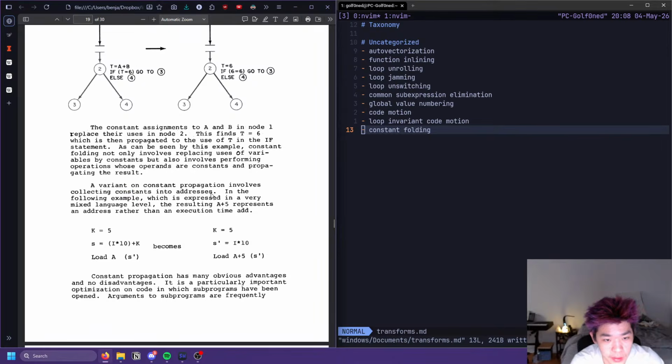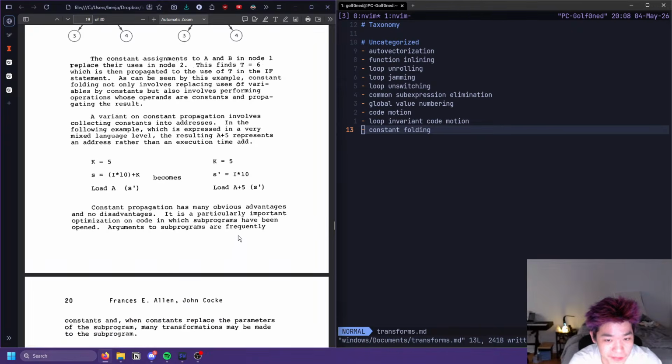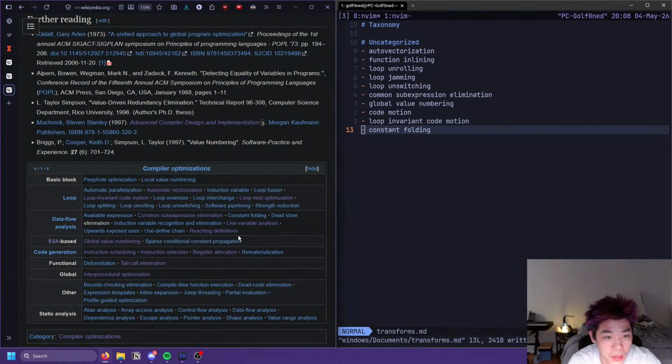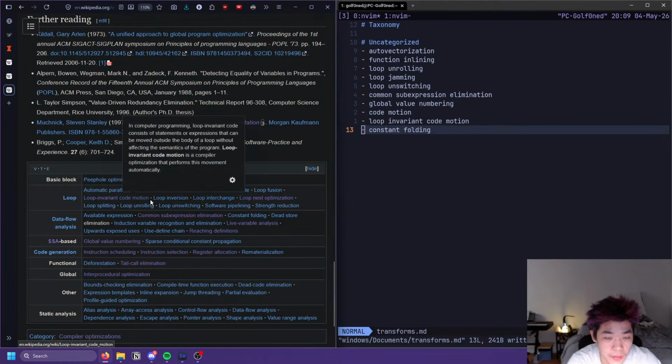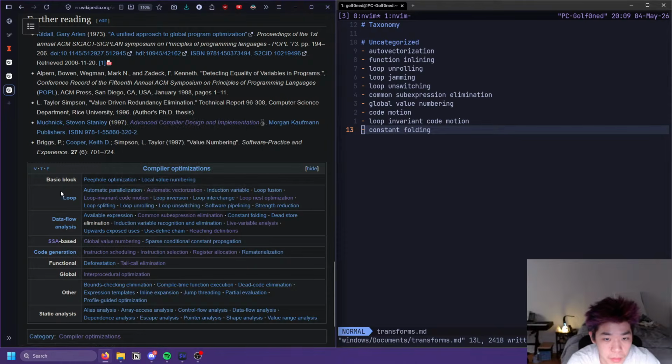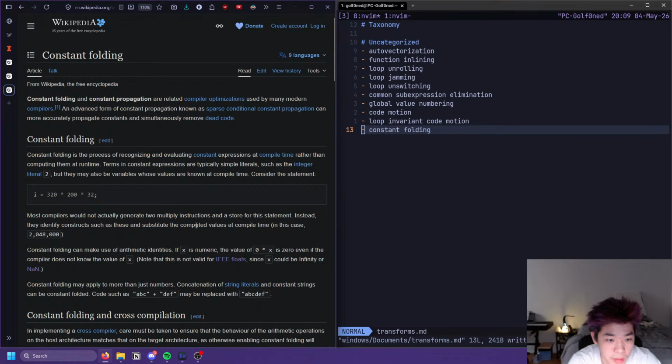Oh, interesting. There's another thing here. Has many obvious advantages and no disadvantages. Okay, yeah. That makes a lot of sense. Is there a thing here? Constant folding. Okay, so they are distinct.